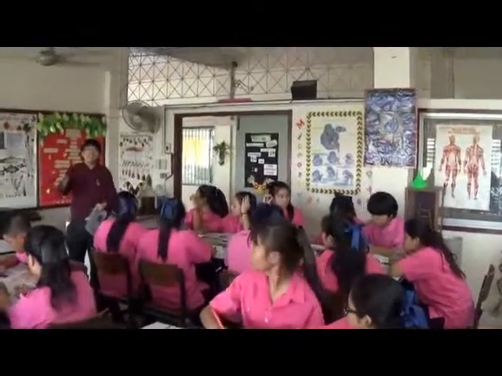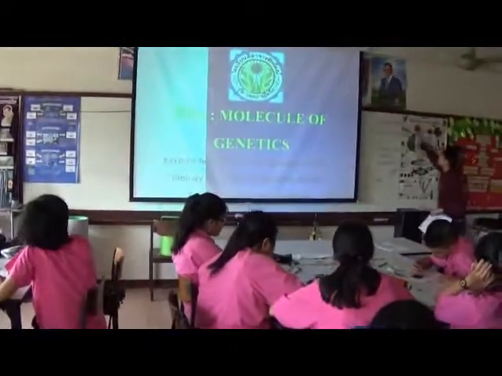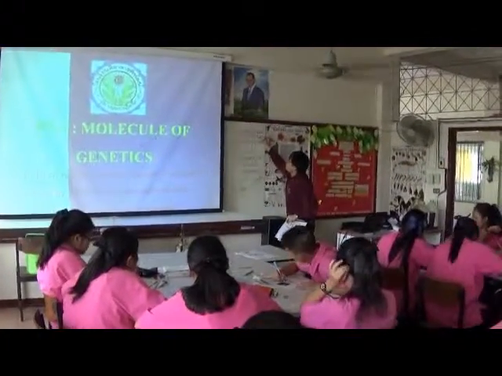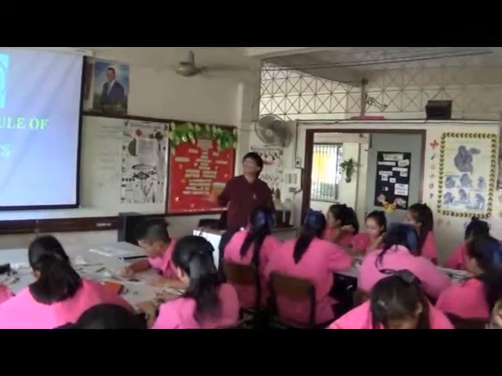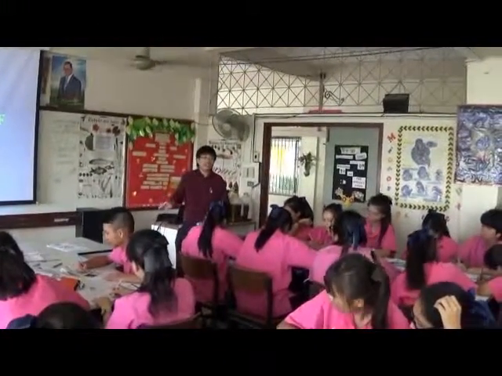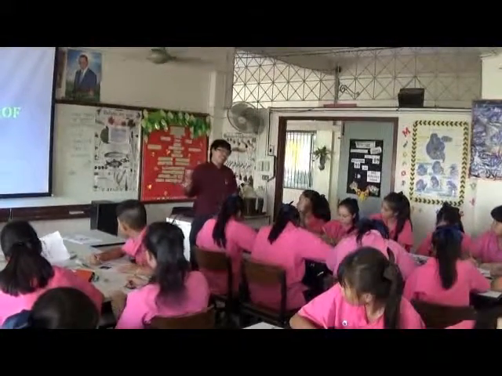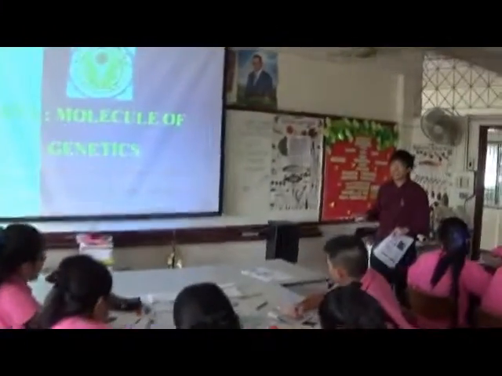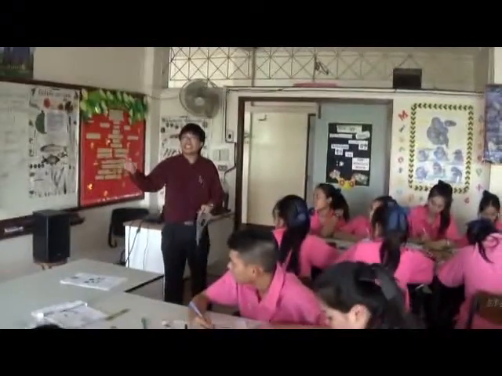The DNA has the importance to control the character of species. The control of character of species is the function of DNA. Okay? Does a dog have the same or different DNA from a cat?